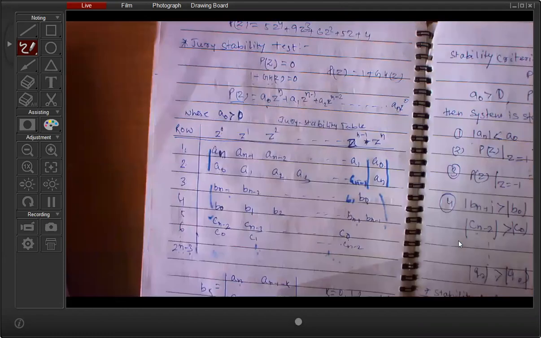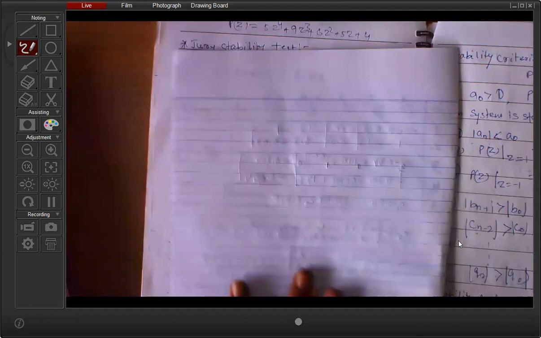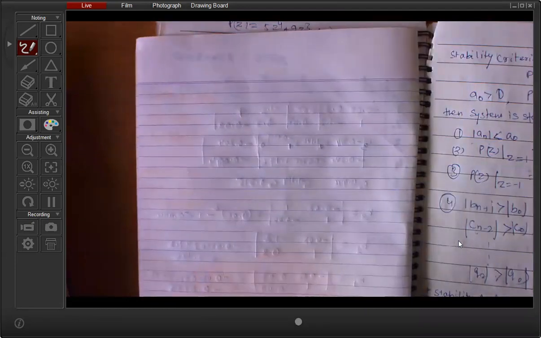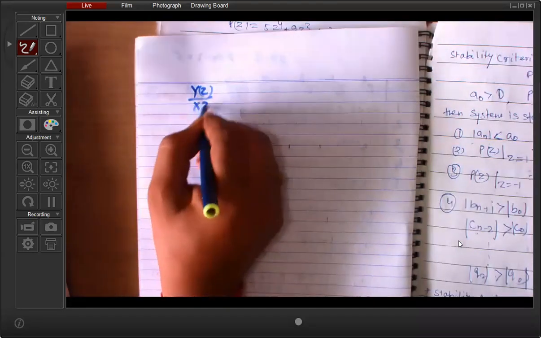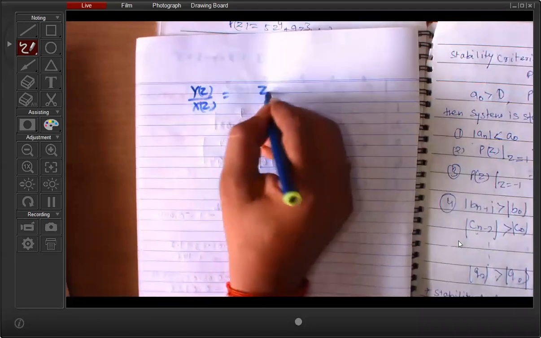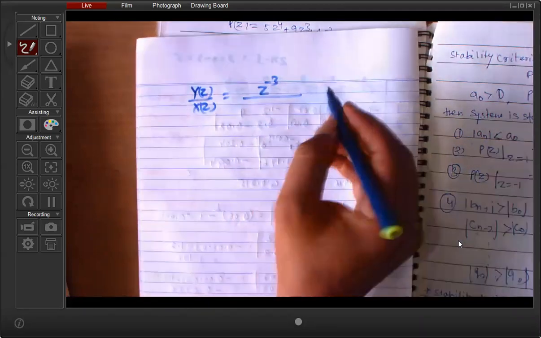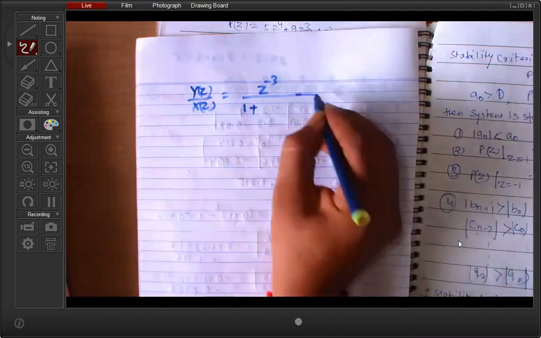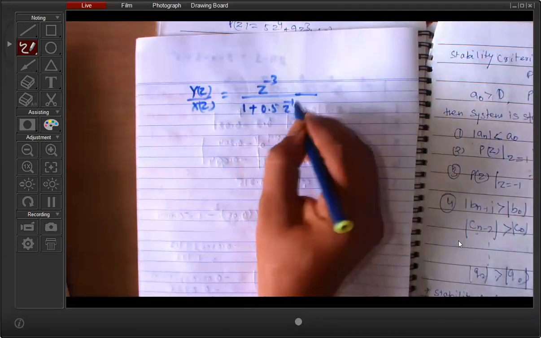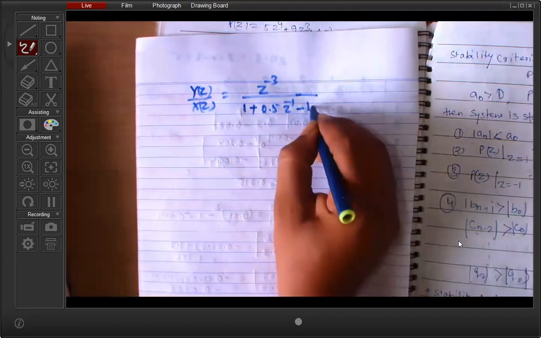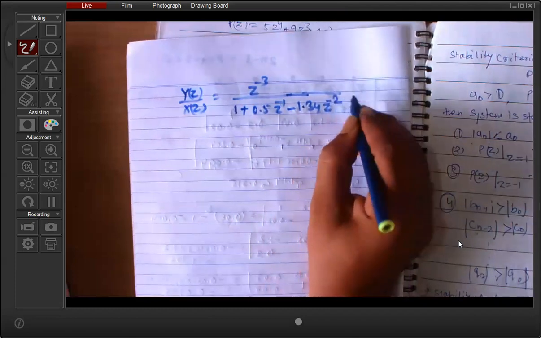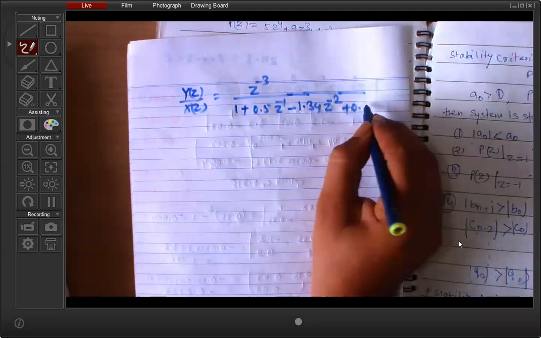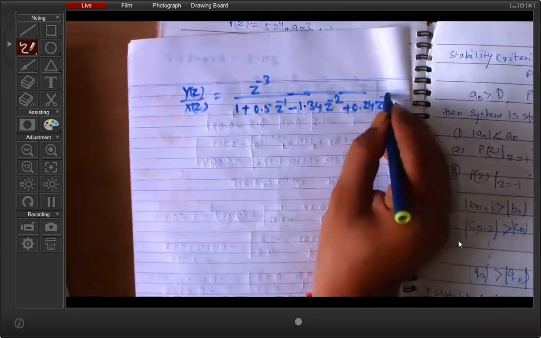Next problem. Determine the stability of the following discrete system, where Y(z) by X(z) is equal to z to the power minus 3 divided by 1 plus 0.5 z to the power minus 1 minus 1.34 z to the power minus 2 plus 0.24 z to the power minus 3.